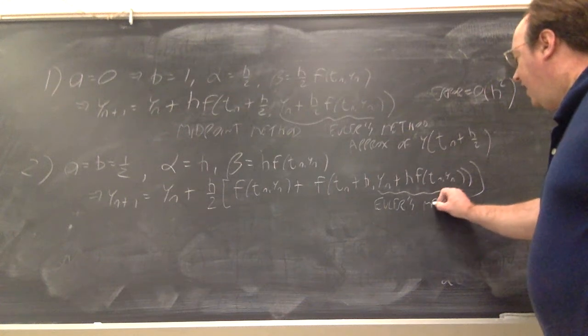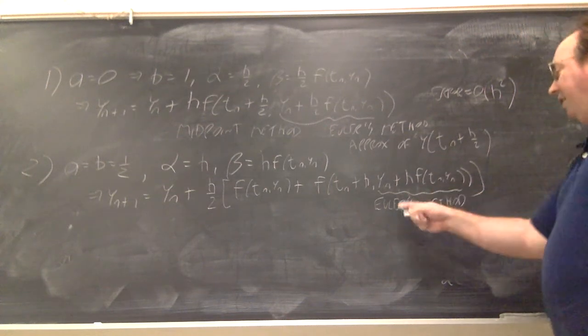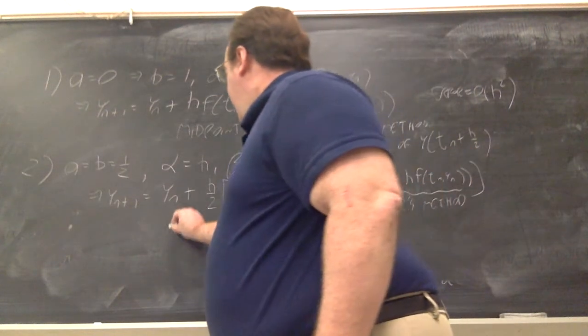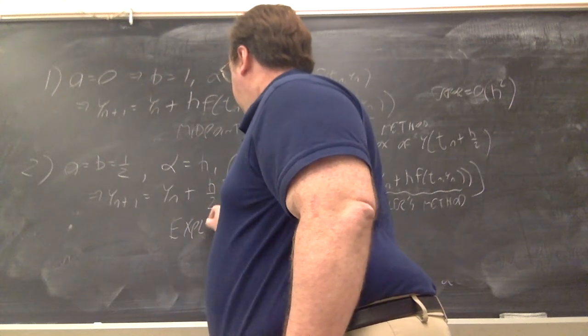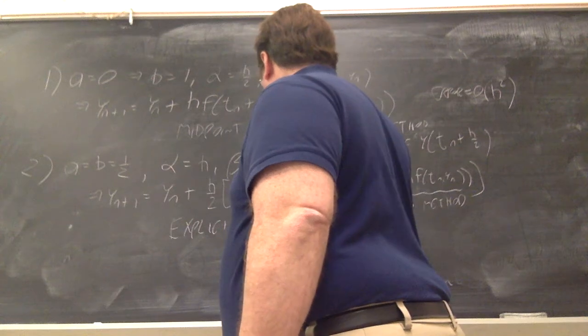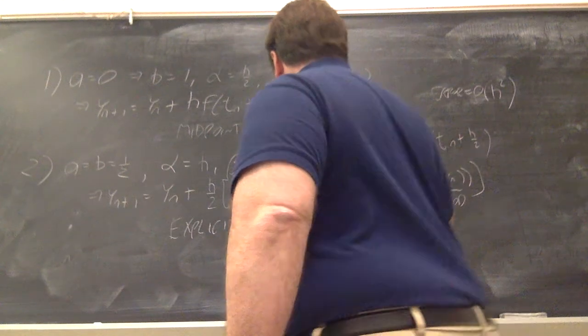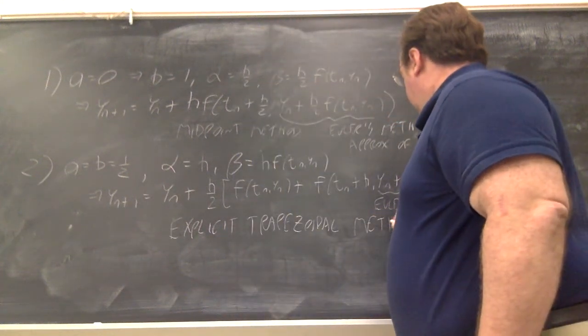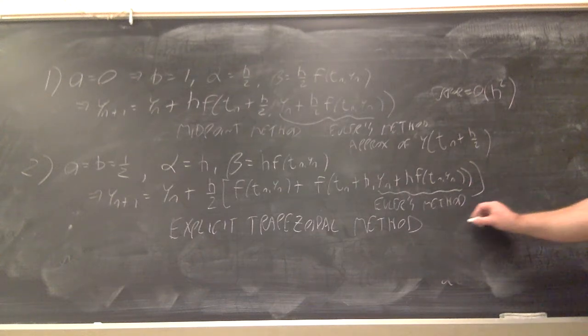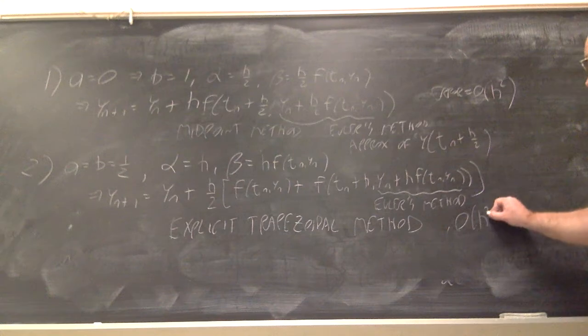Actually, it's just flat out Euler's method that approximates y n plus 1. Now, this method is called the explicit trapezoidal method. It's called that because it's reminiscent of trapezoidal rule for numerical integration. So it's also second order accurate.